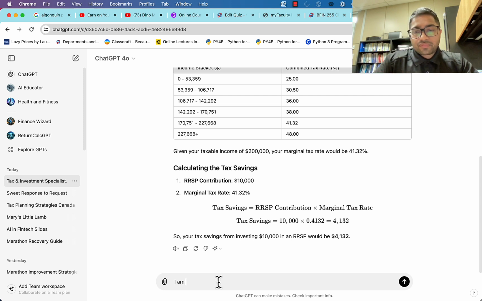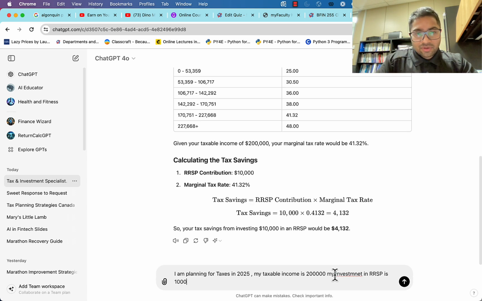I am planning for taxes in 2025. My taxable income is $200,000 and my investment in RRSP is, let's say, $10,000.